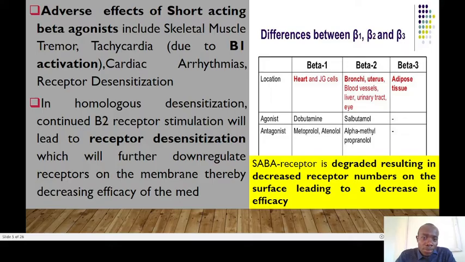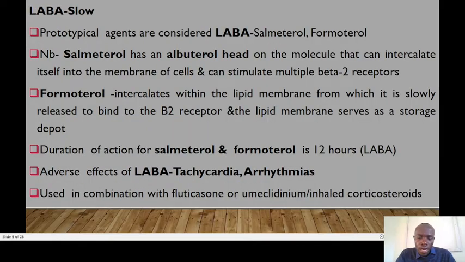Okay, so the receptor is degraded. It results in decreased receptor number on the surface, leading to decrease in efficiency. So that's a common condition that we have to be aware of.